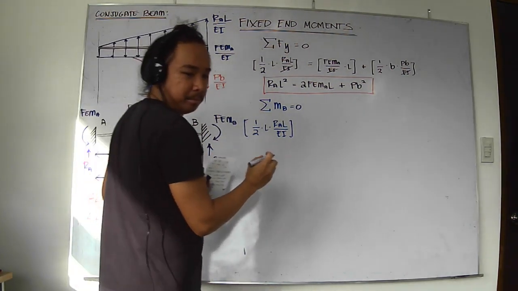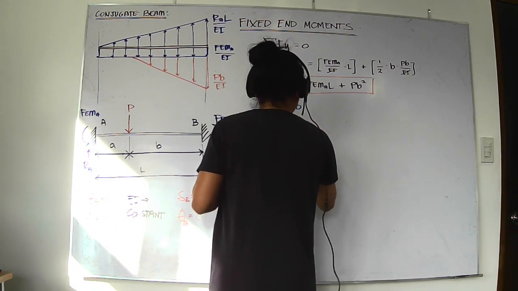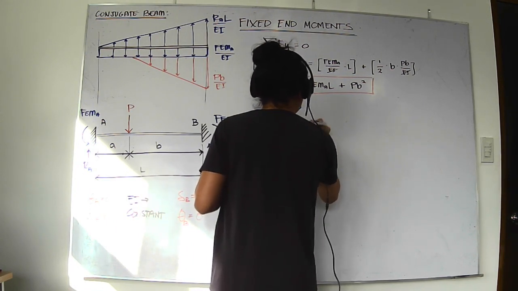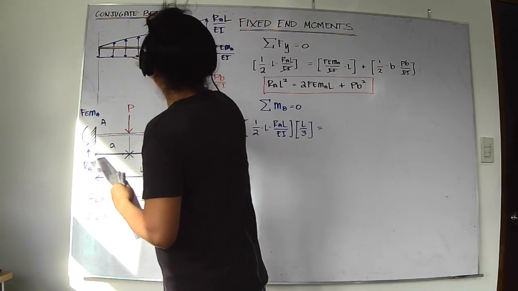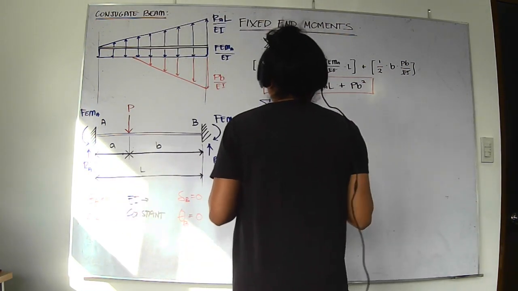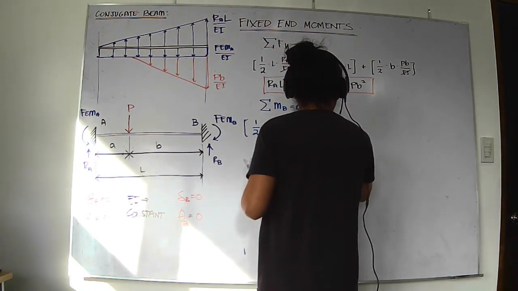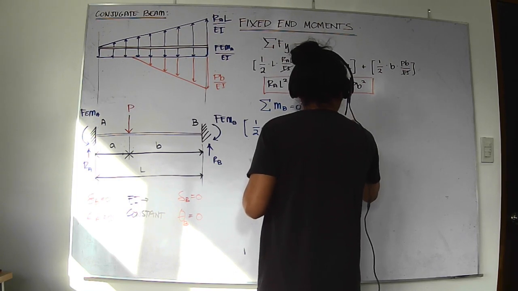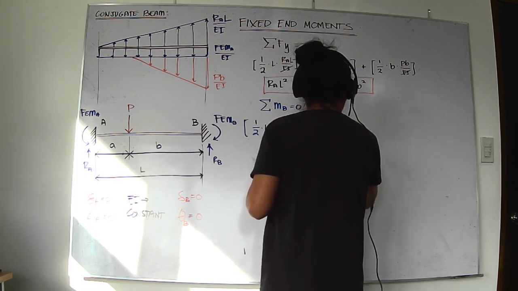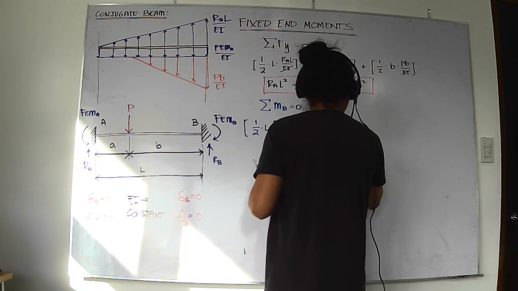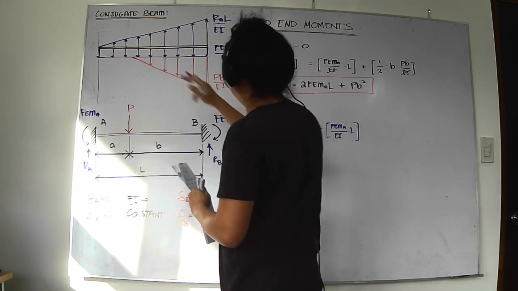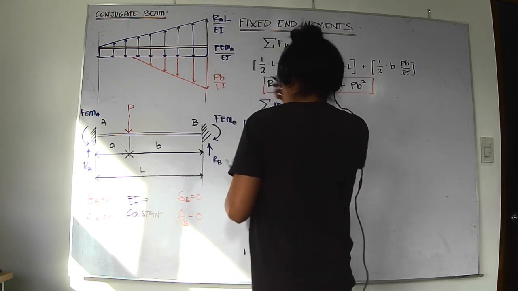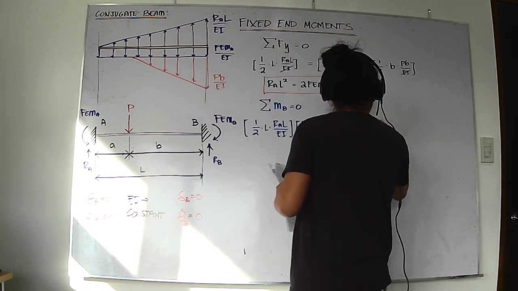So, the moment arm is L over 3. That should be equal to the other two. The area of the rectangle is FEMA over EI times L. Okay? Its moment arm is just half of the rectangle, so that is L over 2.